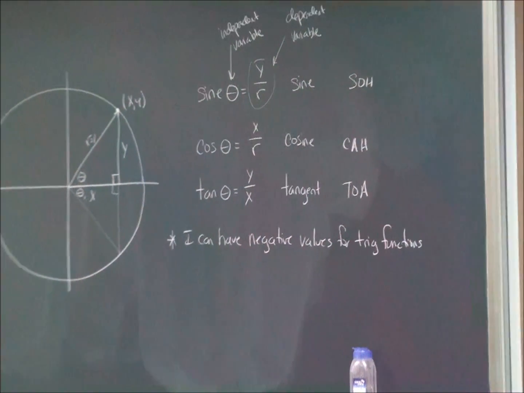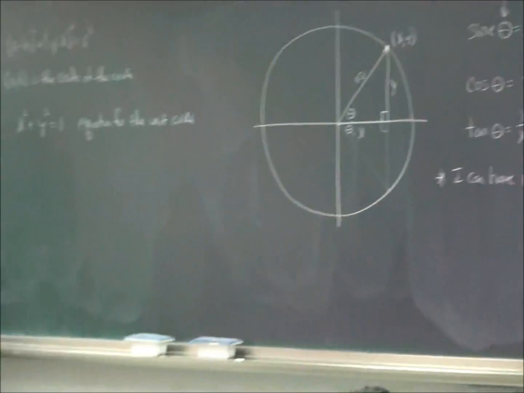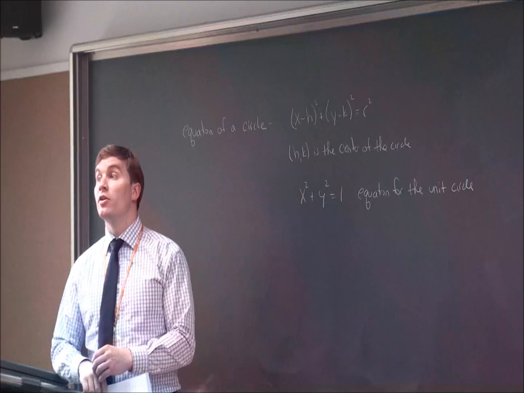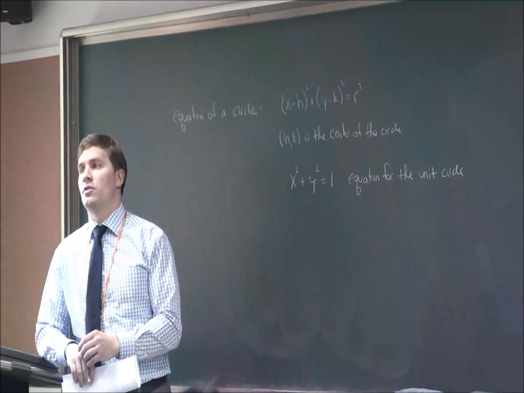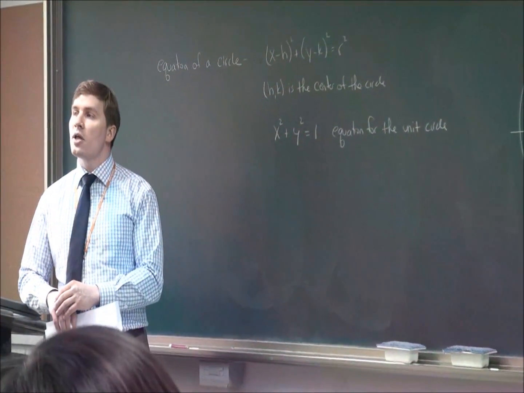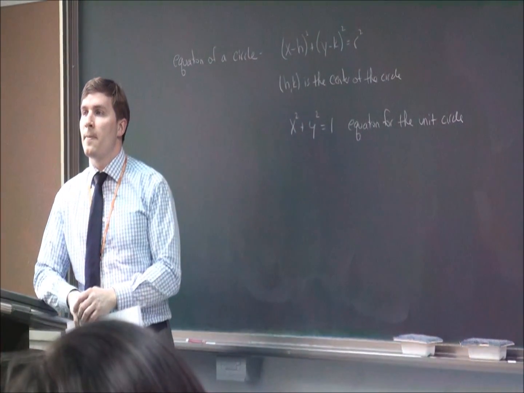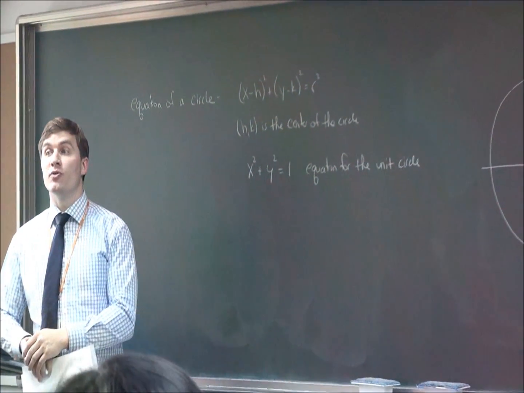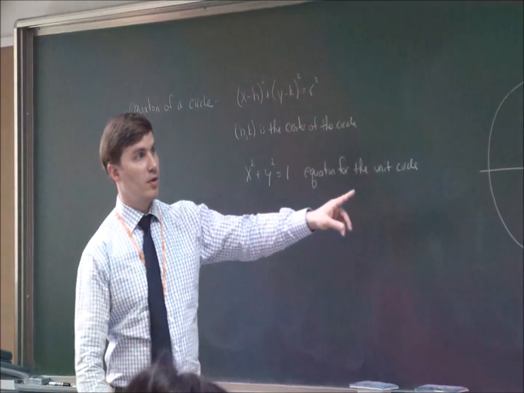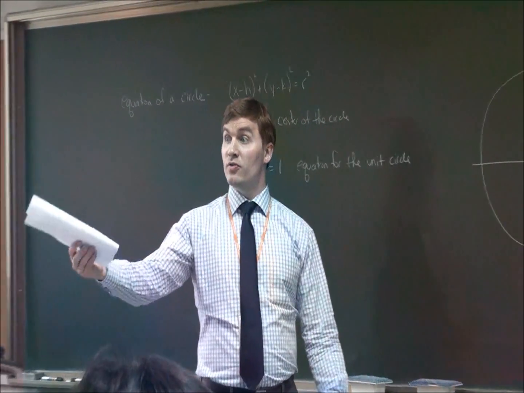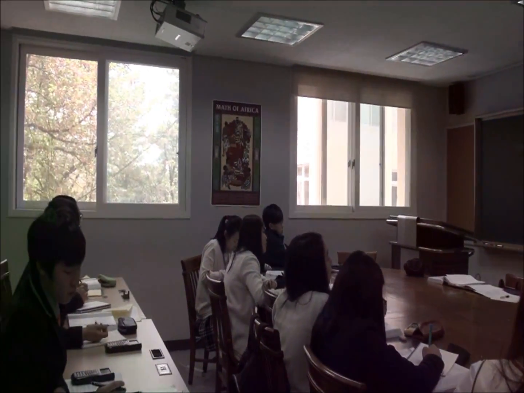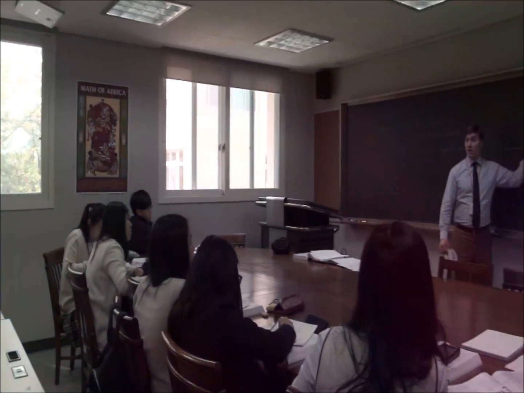Could I have a value of 0 for a trig function? Very good. Could I have an undefined value for a trig function? What case would that be? Well, that would be tangent of where... Tangent of 90 degrees. It would be some value where this x component is 0, which would be 90 degrees.